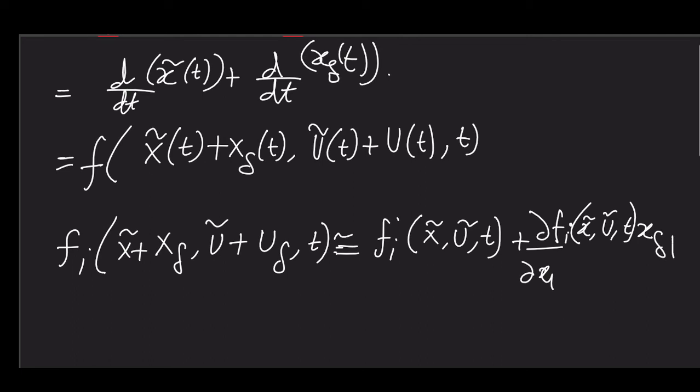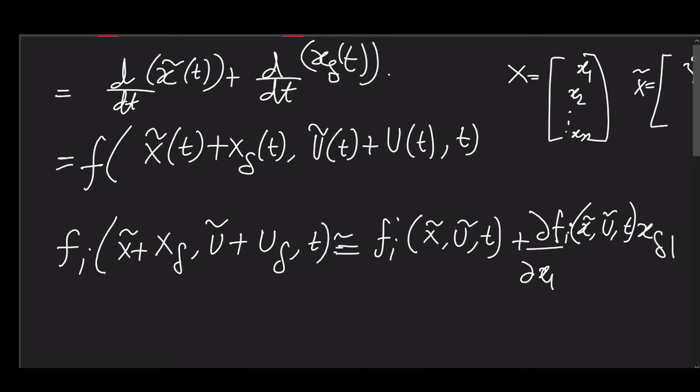What is this x delta 1? X has x1, x2, up to xn. Now you are having x tilde, that is x1 tilde, x2 tilde, up to xn tilde. If you subtract these two vectors, you will get x minus x tilde, which is x delta.